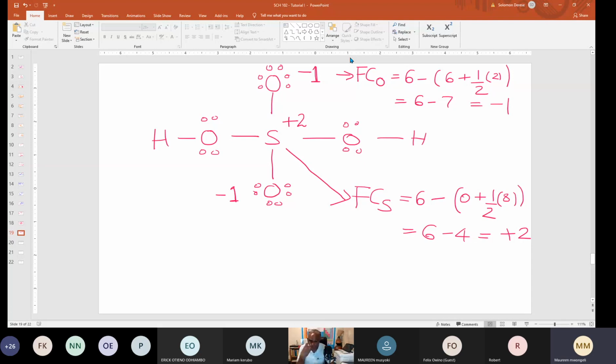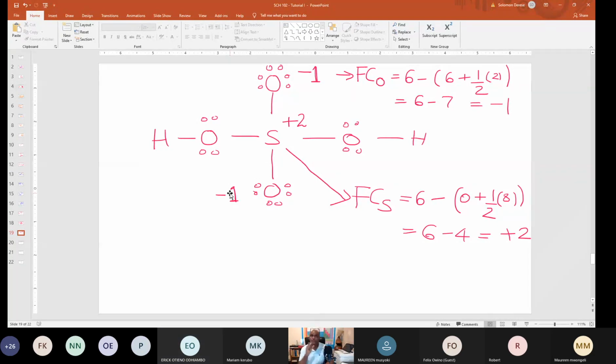So what we have in here is a sulfur at the middle, which is positive 2, and 2 oxygens at minus 1. What is positive 2 plus minus 1 plus minus 1? You get 0. This molecule, sulfuric acid, is neutral. It is consistent with that.